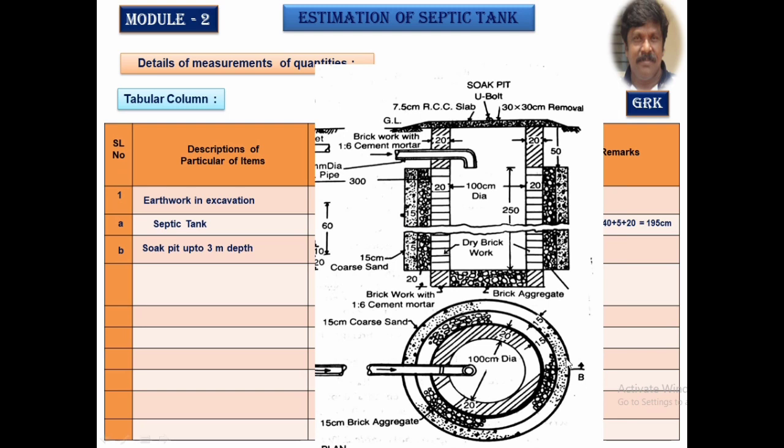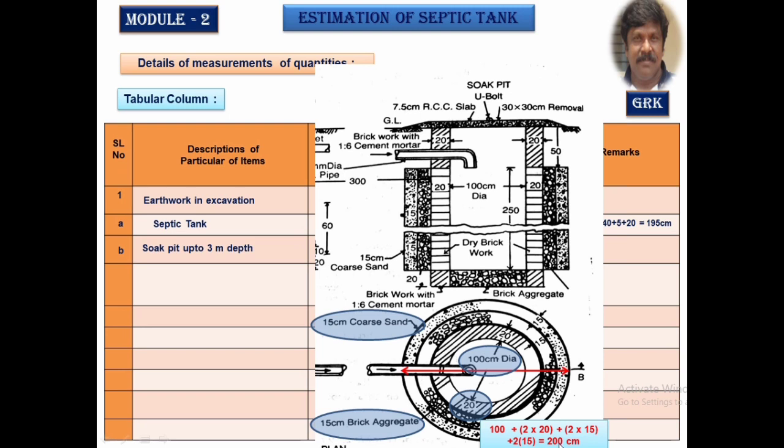Let us find out the outer to outer diameter of the porous sand from here to here. This is equal to 100 centimeter plus 2 times the thickness of these walls, 20, plus 2 times the thickness of the brick aggregate plus 2 times the thickness of the coarse aggregate.